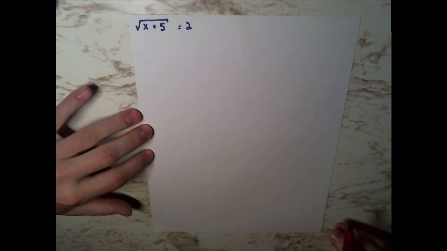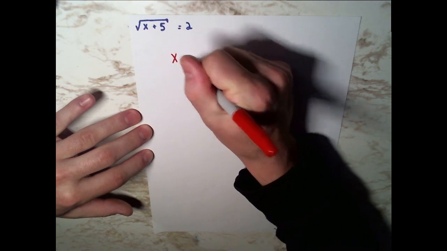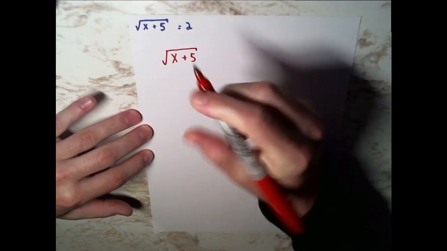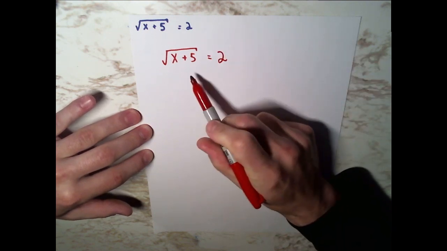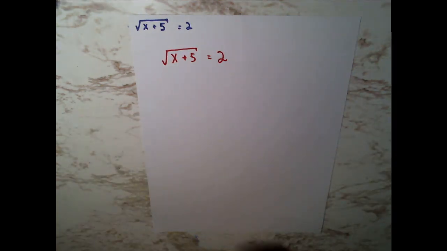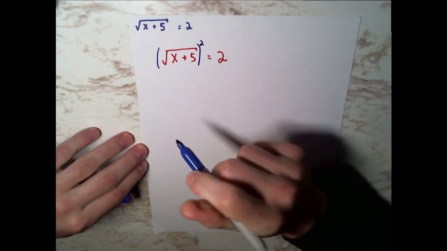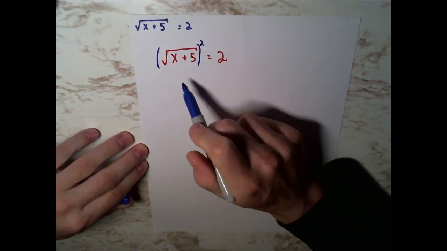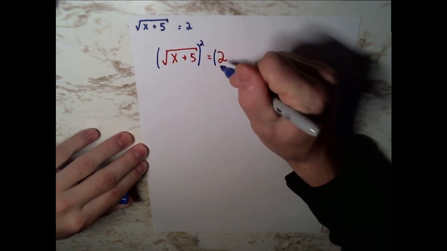So I'm just going to rewrite this here in the middle. So here we have x plus 5 underneath a square root. And in order to solve for x, we need to get rid of this square root. So what I'm going to do is square this in order to get rid of that root. And since this is an equation, what I do to this side also has to happen to this side.